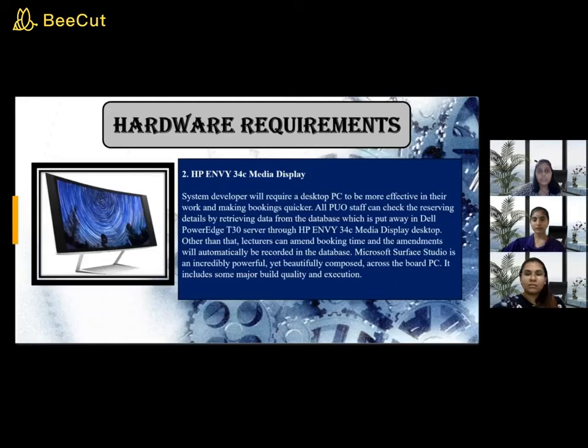Next, the second hardware requirement is the HP NV34C media display. System development will require a desktop PC for staff to be more effective in their work and make bookings quickly. All PO staff can check the reservation details by retrieving data from the database, which is stored in the Dell PowerEdge T30 server, through the HP NV34C media display desktop.